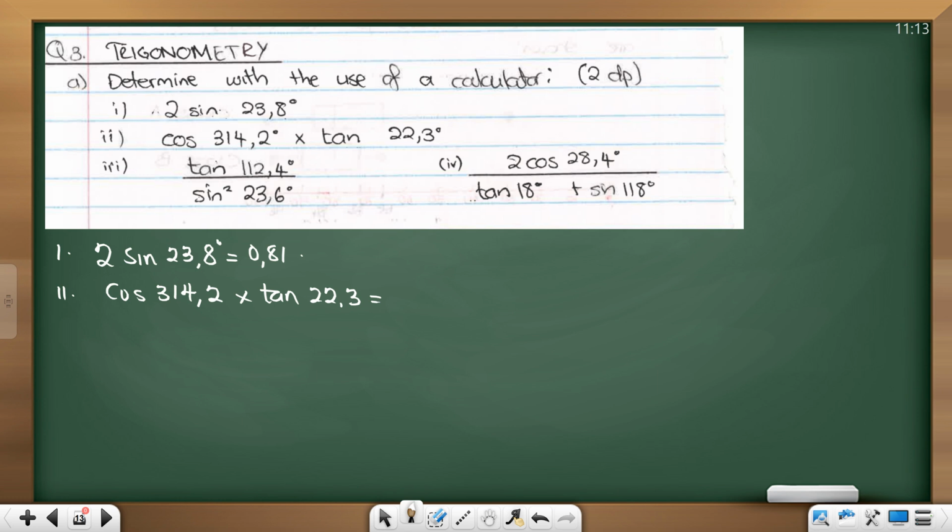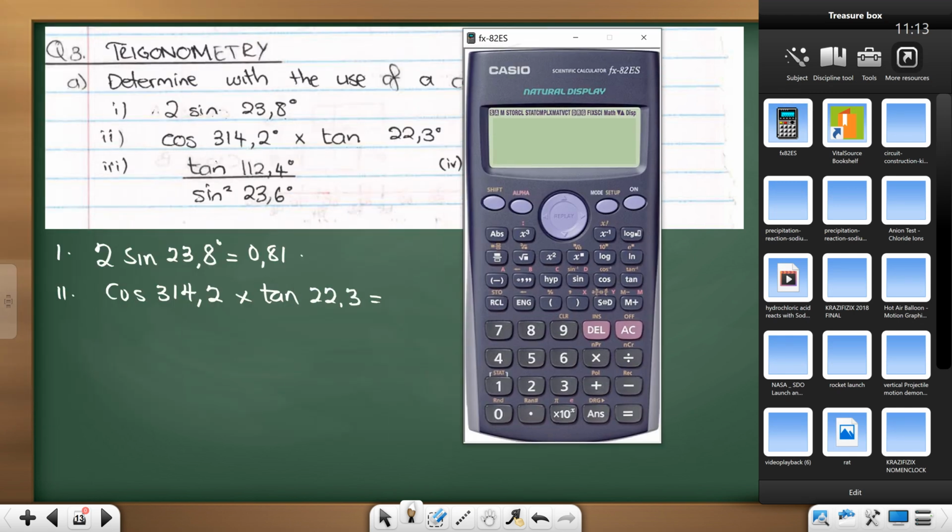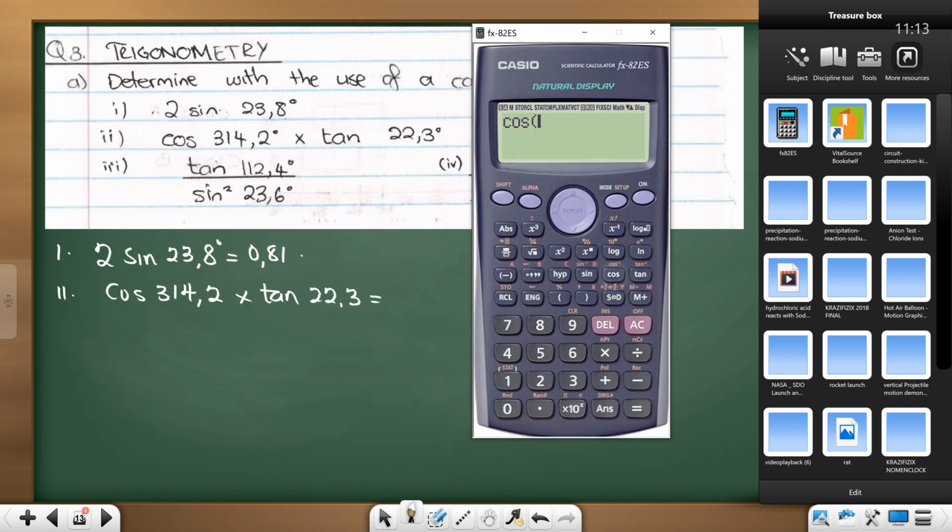Don't forget 2 decimal places. We just type everything in a calculator. Cos 314. And when you type this, there are brackets there, right? Times 10. So this is basically testing if you know how to use your calculator. 0,285, 2 decimal places, 29.